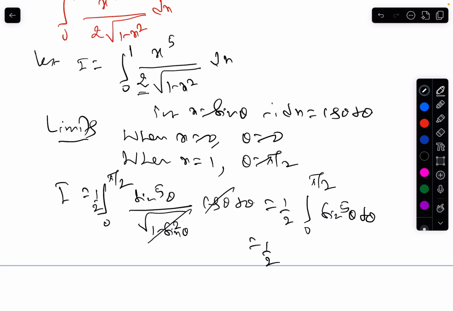And that we know it is 4, 2. This is 5, 3. And so this is equal to 8. Okay. So this 2 to cancel. 4 by 15.